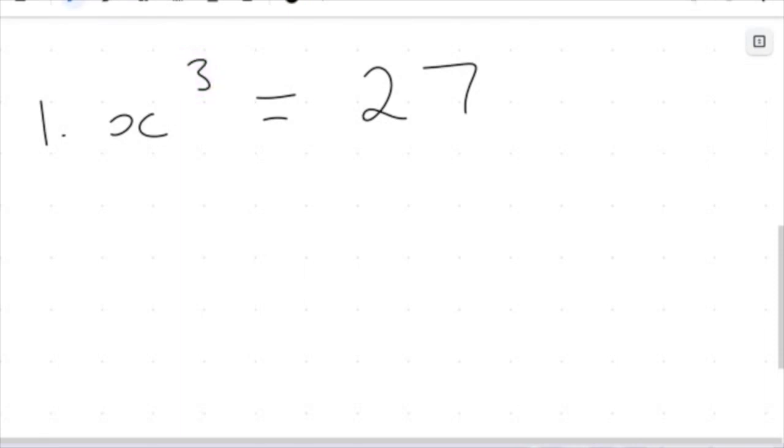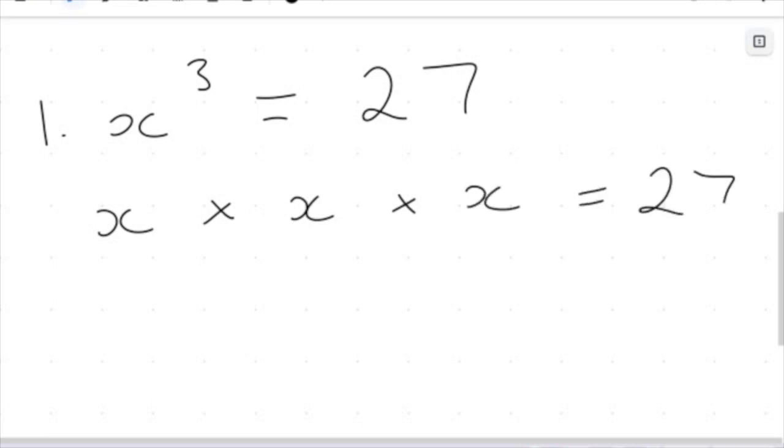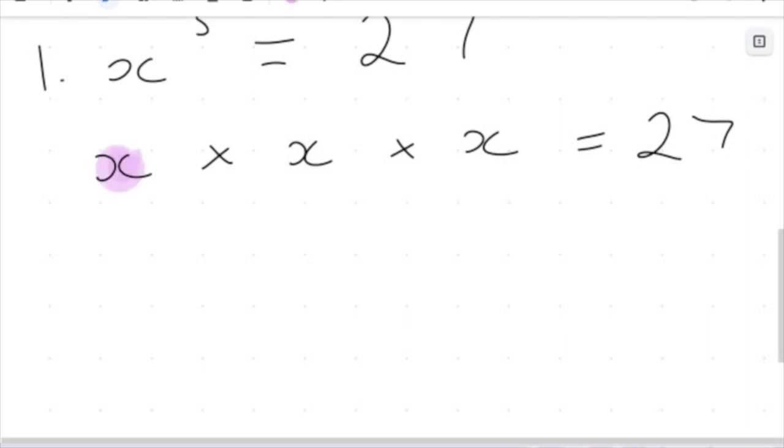X cubed equals 27 is essentially asking what is a number that multiplies by itself like so to give me 27. And we want one exact number because these are the same. Since it has the same pronumeral, these are the same number. So 3 identical numbers that multiply to give me 27.